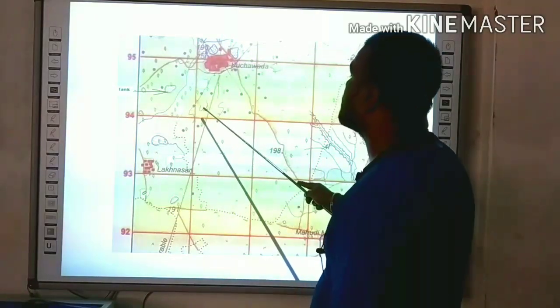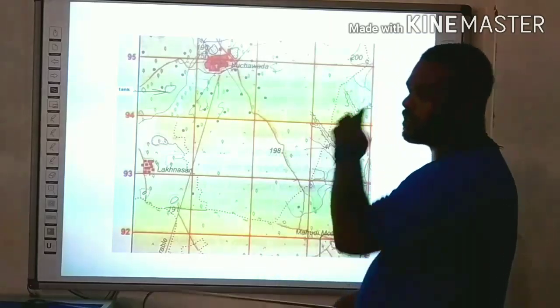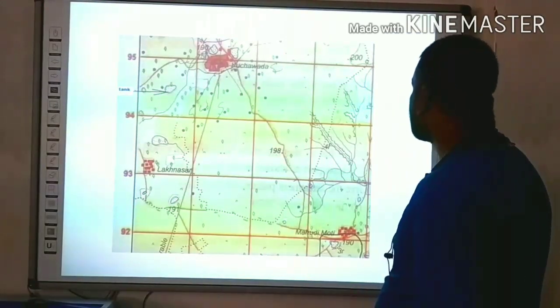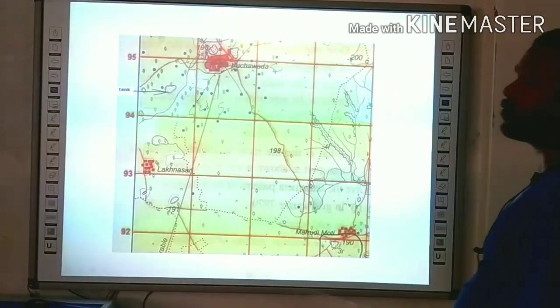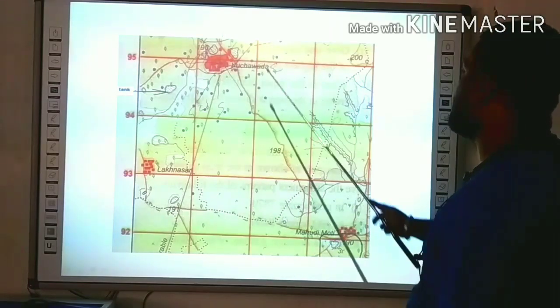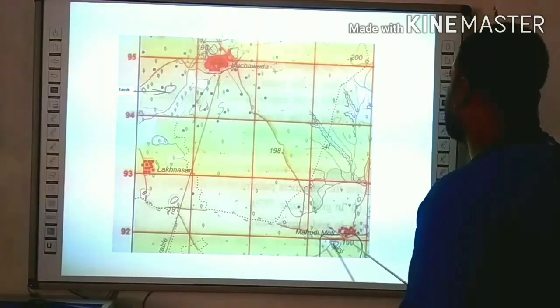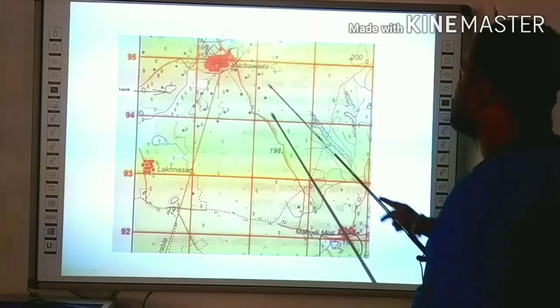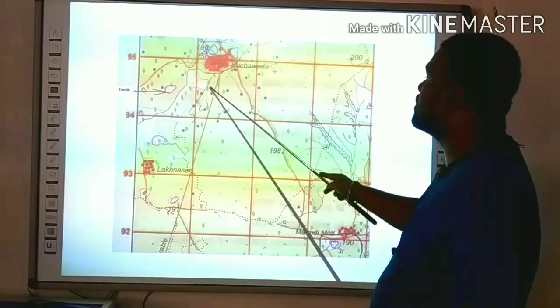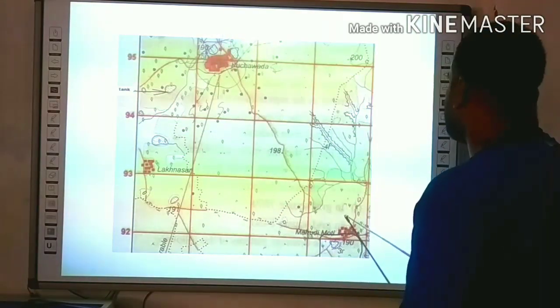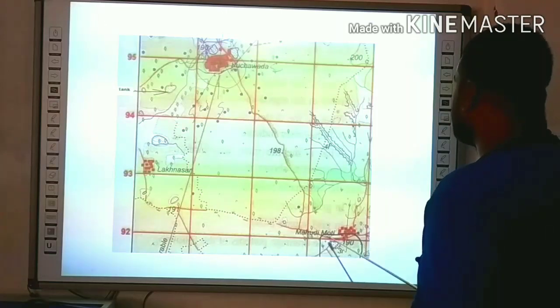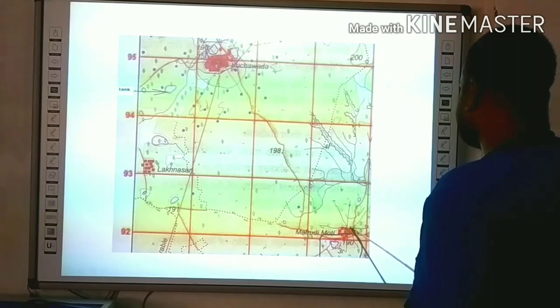Now let us try another example. Find out the direction of Kuchawara settlement from Mahudi Moti. Now draw the directions here. I have drawn.